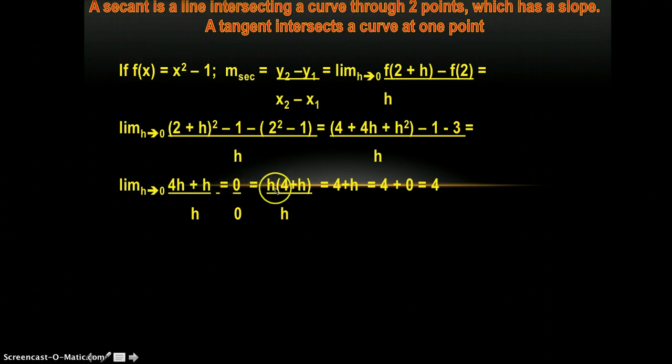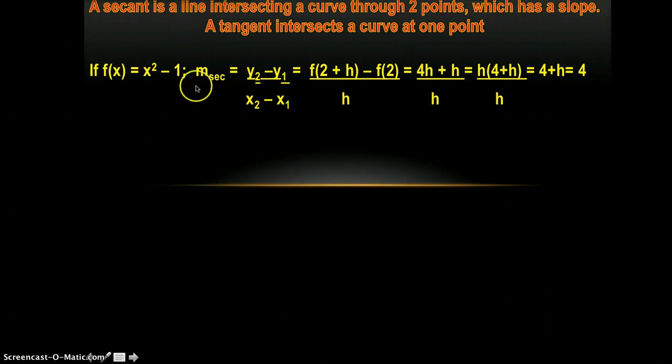So we take the h out, common factor it, cancel it, and we get 4 plus h. Now we come back over and put the h equals 0 in, and we get 4. So the slope at x equals 2 for this parabola, the slope of the tangent line, is 4.